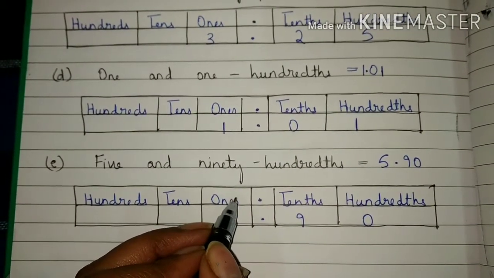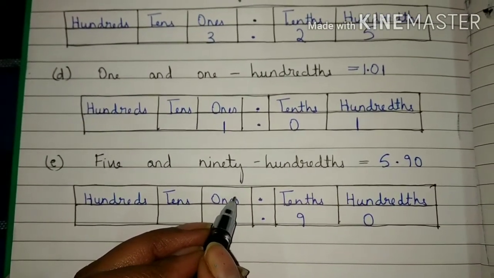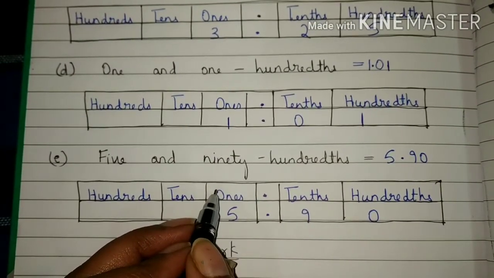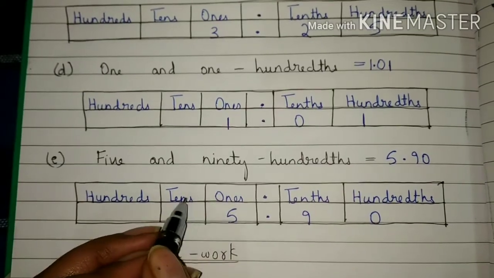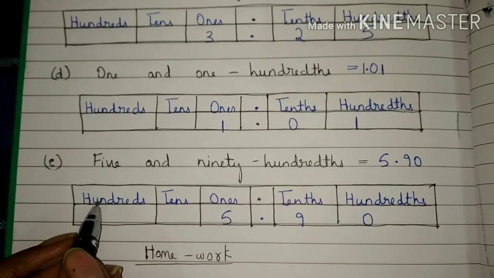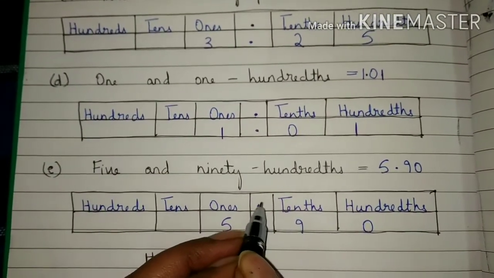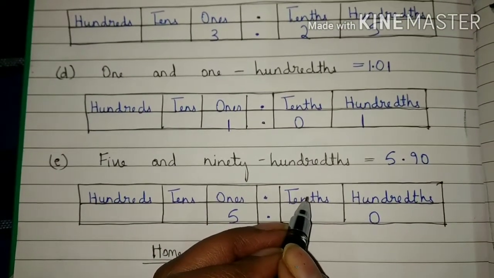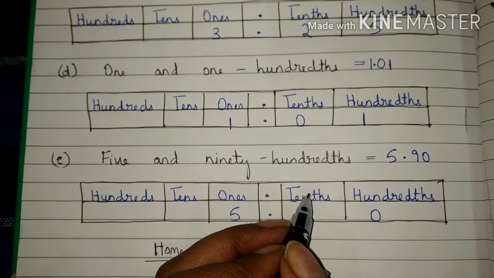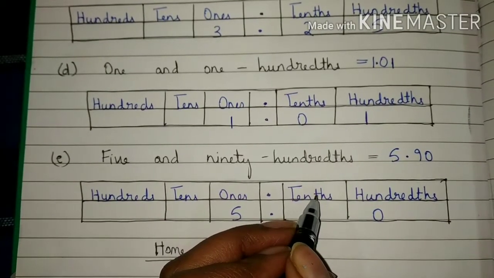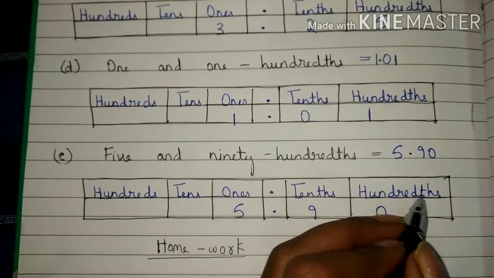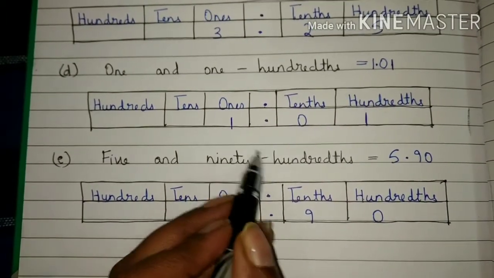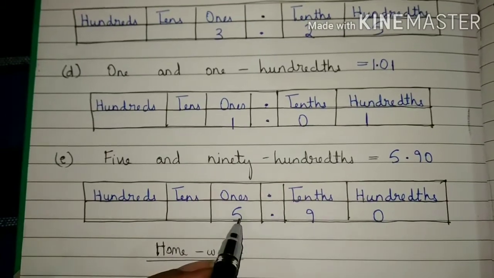After that, on the left side of the decimal point, you will write places as ones, tens, hundred. Then, on the right side of the decimal point, you will write places as tenth, hundredth. Now students, you will write number into the place value chart.